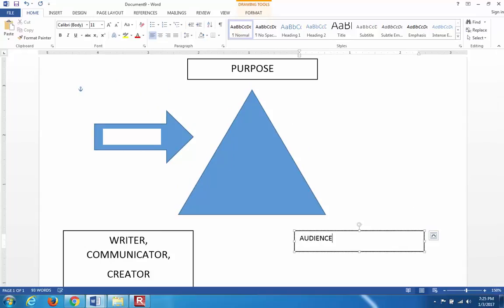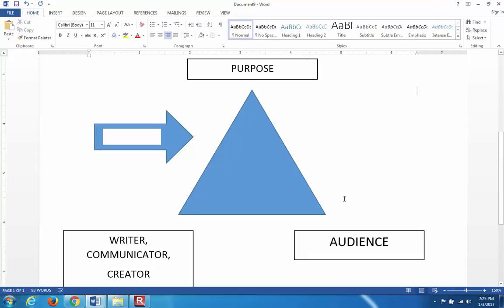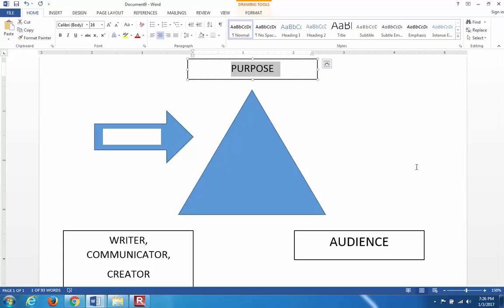And then you have your audience and what their needs are going to be, what their values are going to be, and these three things are going to impact everything that you do and everything that you say in the business world. You want to make sure that your purpose is always clear, and then that you follow through with your purpose as you're communicating and writing.